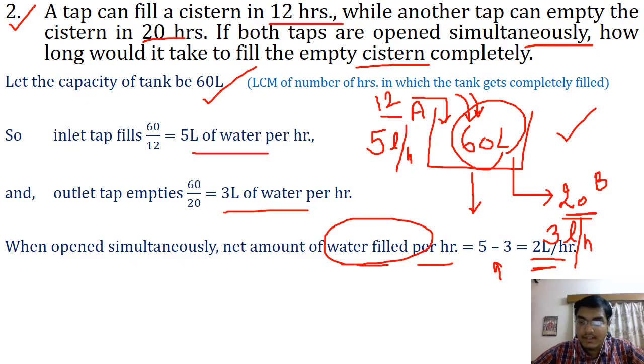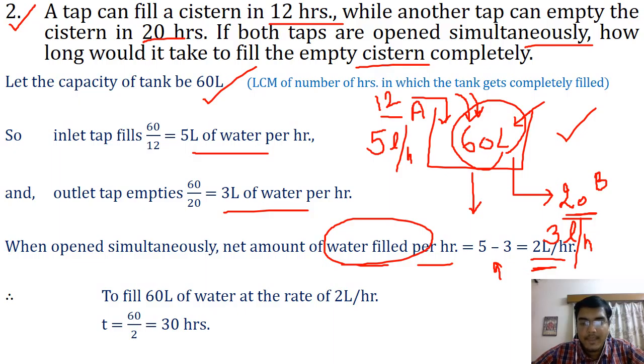So if 2 liters of water is getting filled per hour and we have to fill 60 liters of water, how much time would be required? 60 divided by 2. So to fill 60 liters of water at the rate of 2 liters per hour, we would require 30 hours, because in 1 hour 2 liters is being filled. So 60 liters would get filled in 30 hours.